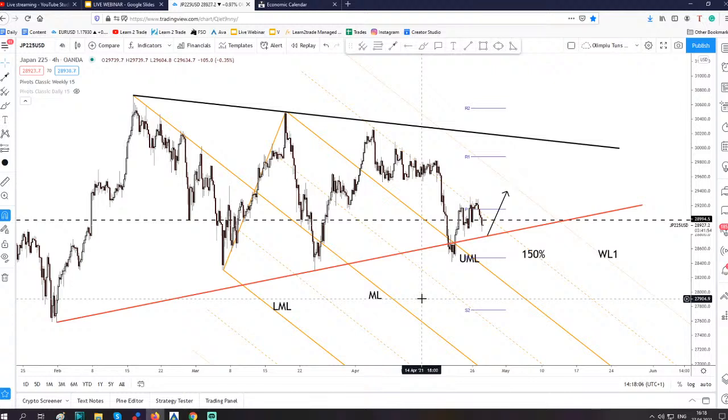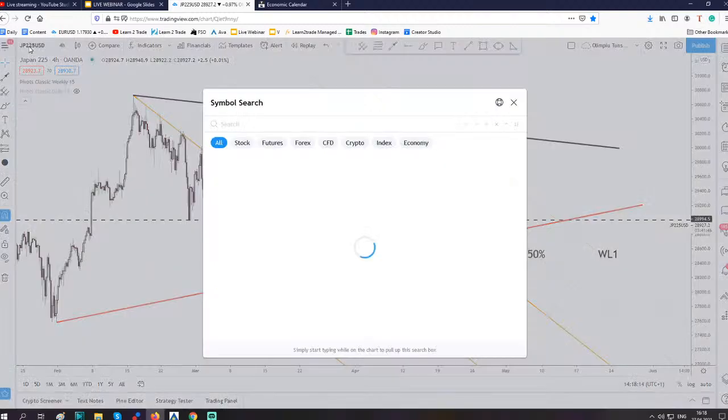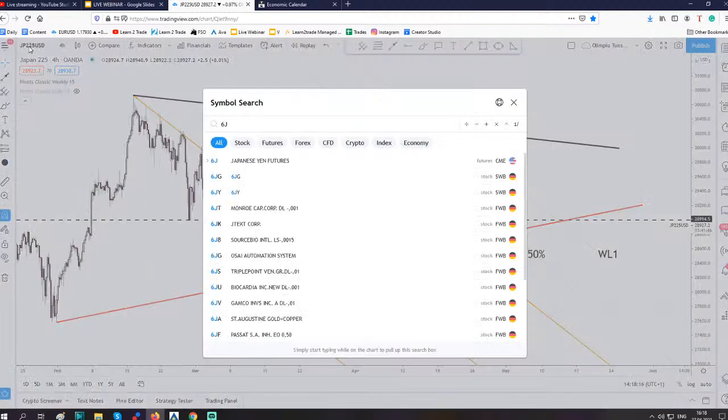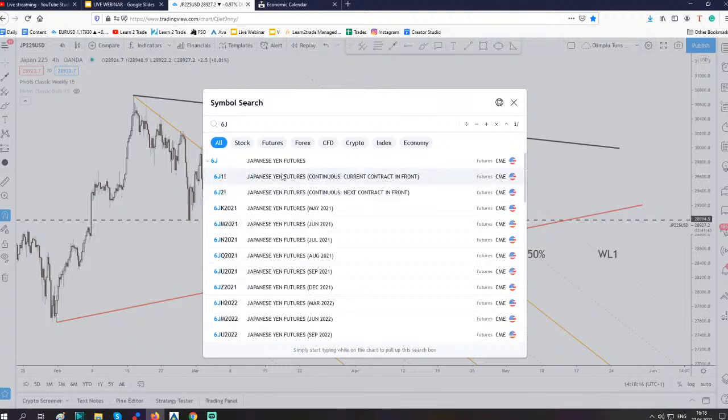No, the gold pending order is still valid. So let's take a look also here on 6J, on Japanese yen futures.